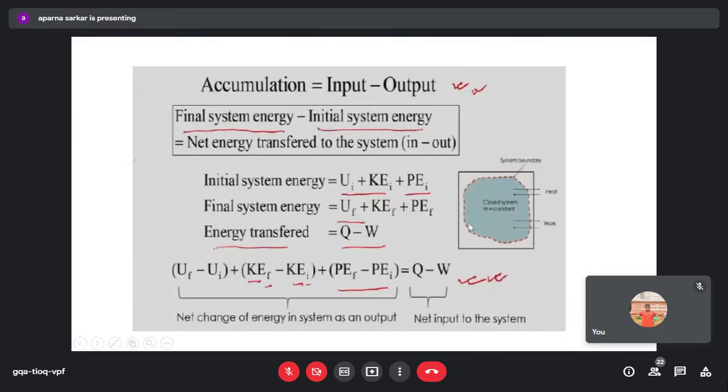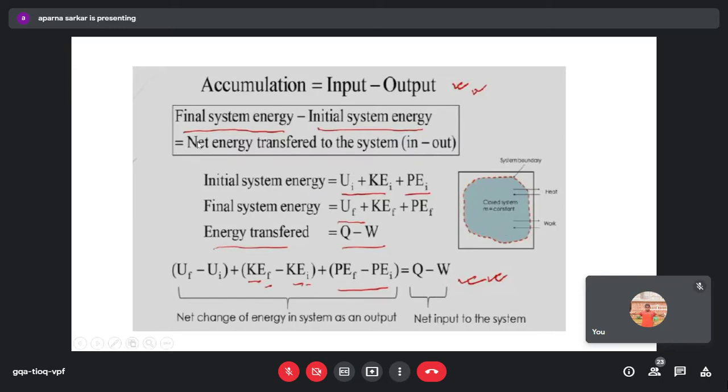Closed system means that within the system boundary, whatever heat you are applying or work, that is the output, exchanges energy within the system boundary. For this closed system, the governing equation is always accumulation is equal to input minus output.